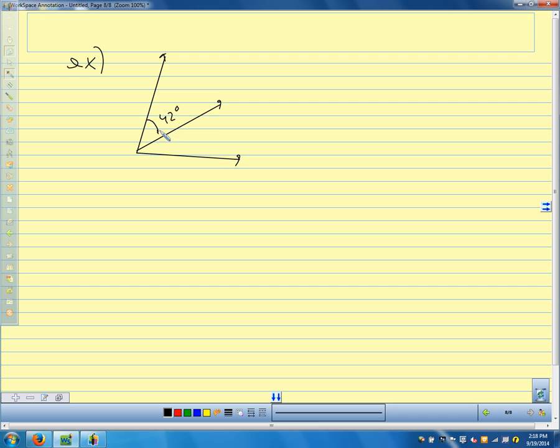If that's 42 degrees, and I'm going to call this M, L, J, and N. And the problem says that ray LM bisects angle JLN.